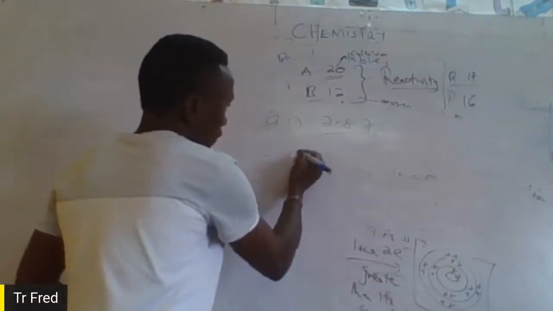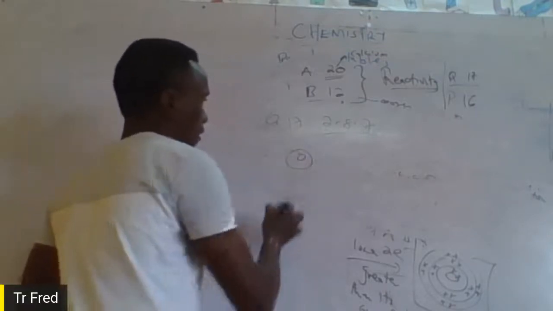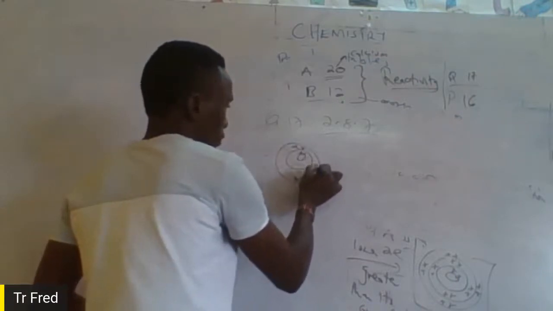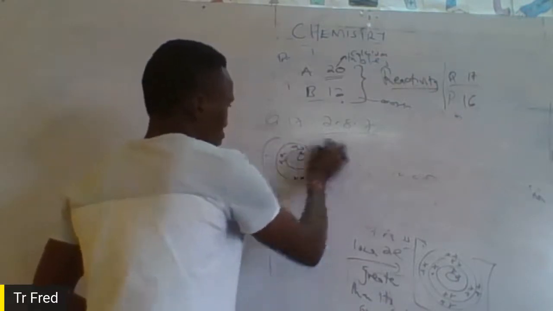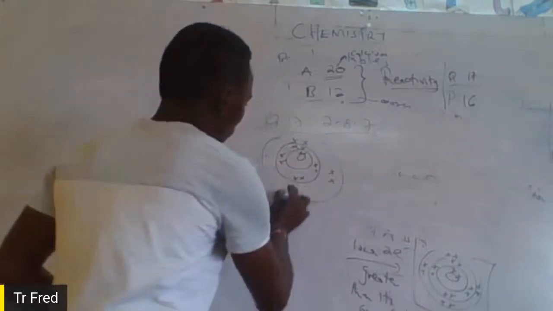So this one forms an ion by gaining. Remember, non-metals form ions by gaining outermost electrons for it to become stable. The outermost electrons are only 7 of them.